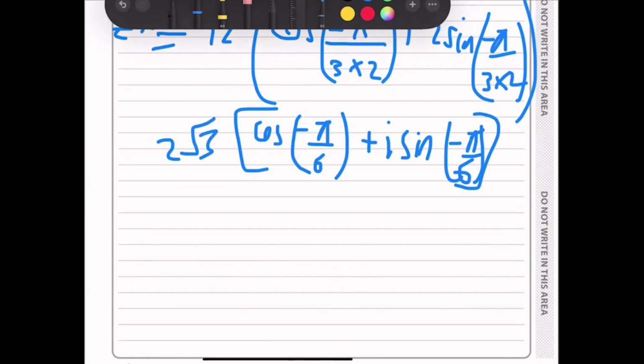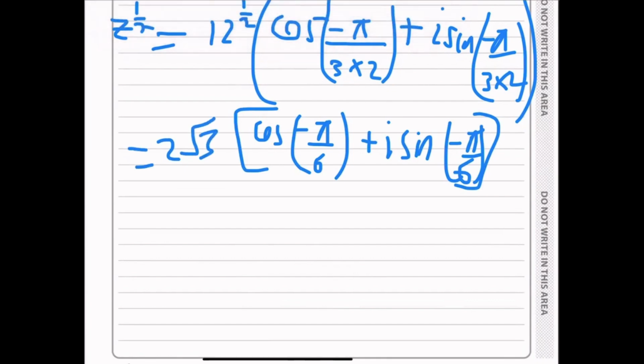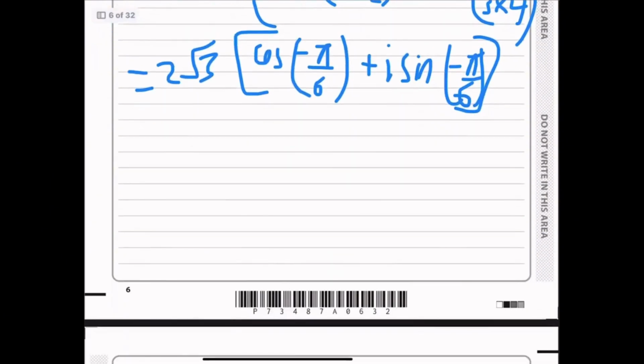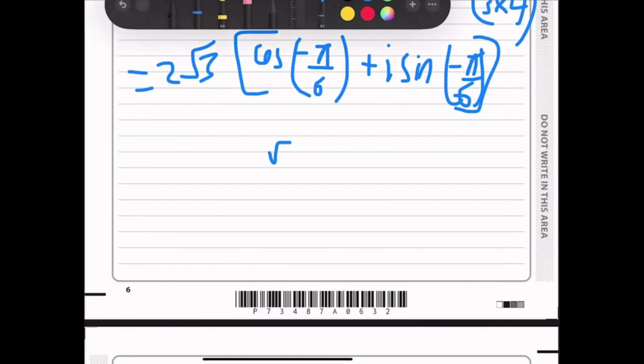So 2 root 3, which is the square root of 12. Then simplify, you get root 3 by 2 plus, my bad, this is root 3 by 2 minus half i, into 2 root 3.